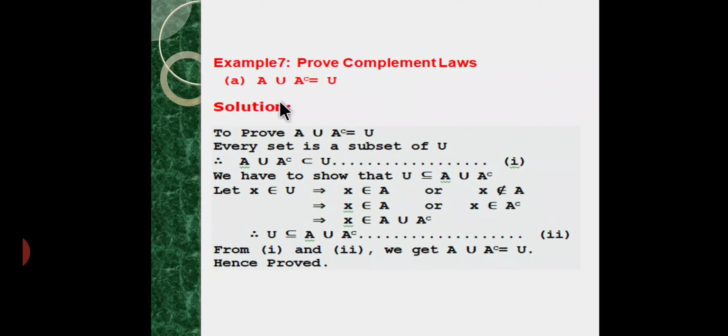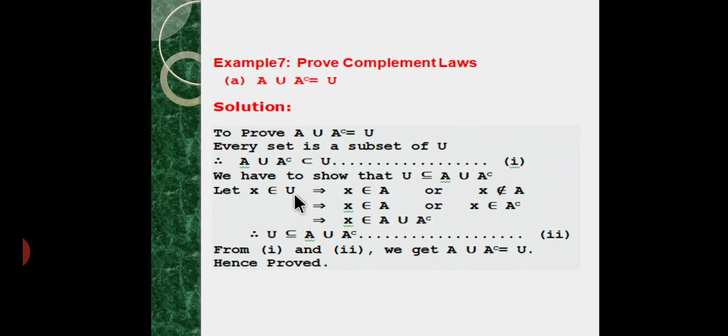Complement law. So first one, A union A complement is equal to U. So complement means we remove A from the universal set. So A union A complement gives the universal set. So to prove A union A complement is equal to U, every set is a subset of the universal set. So we know every set is a subset of U. So from that we write A union A complement is a subset of or equal to U. Let it be equation 1.